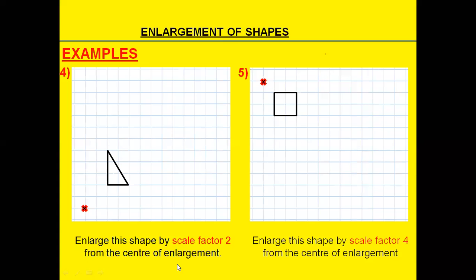Look what is the difference when we have a center. Start with any of the points of your shape. Start with the closest point, okay? This point, for example. That's the center, again, and the scale factor is 2. I'm going to start with this point. Look what happened with the green line.